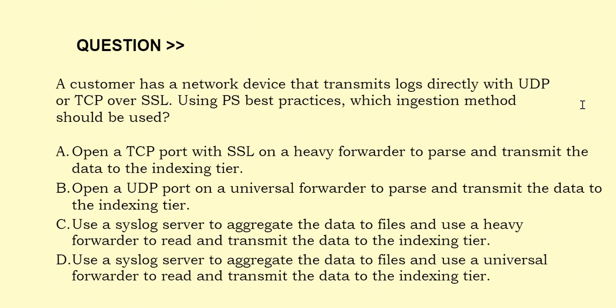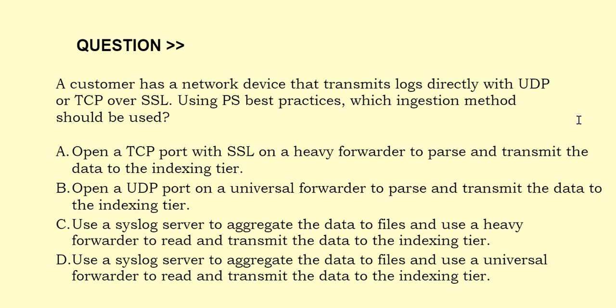Our next question is, a customer has a service device that transmits logs directly with UDP or TCP over SSL. Using PS best practices, which ingestion method should be used? Option A, open a TCP port with SSL on a heavy forwarder to parse and transmit the data to the indexing tier. Option B, open a UDP port on a universal forwarder to parse and transmit the data to the indexing tier.